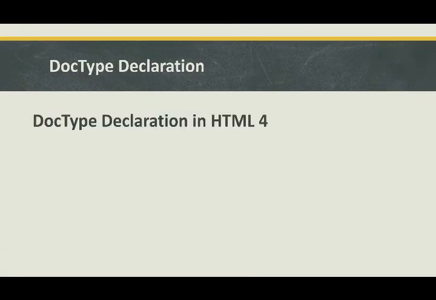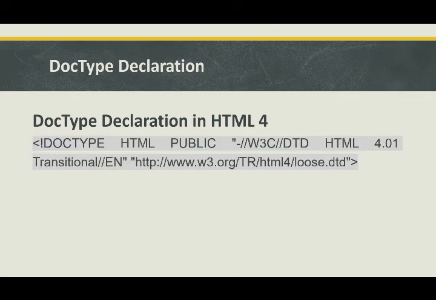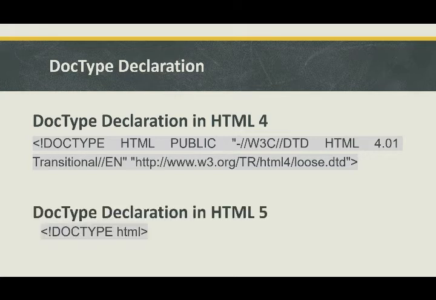Okay? So, doc-type declaration ng HTML4, existing pa kasi yan, ganyan yung format ng doc-type niya. So, lahat ng HTML file na gawa sa HTML4, meron siyang ganyan on the upper part of the document. For HTML5, which is ang gagamitin natin for the entire content, ganito lang kasimple yung doc-type declaration.